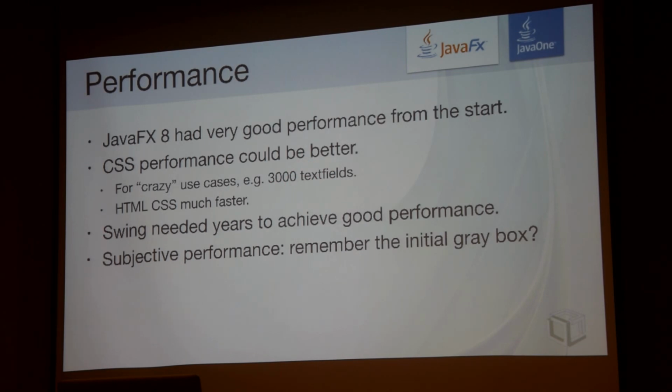Anyways, but those use cases do actually exist. And HTML, CSS, they have to do exactly the same thing like JavaFX does. But they are so much faster, but that is because the HTML rendering engine and the CSS engine is much more matured and there are like hundreds of people working on this code. And on JavaFX CSS, as far as I know, it's only 1 or 2 guys. So let's be realistic.